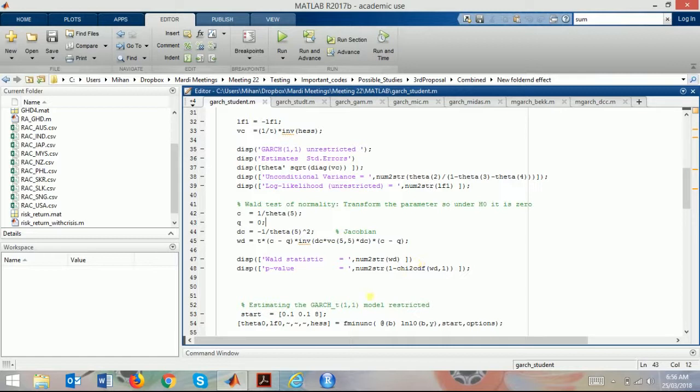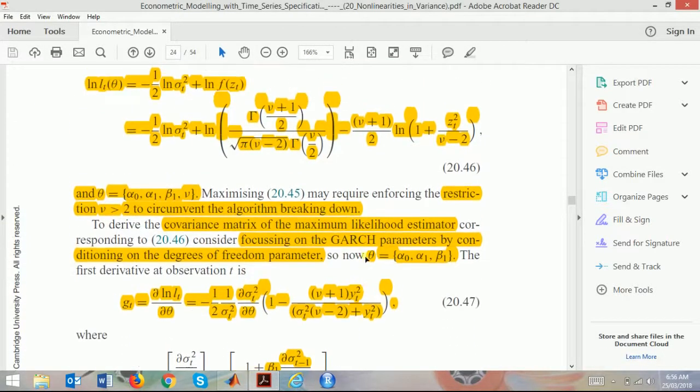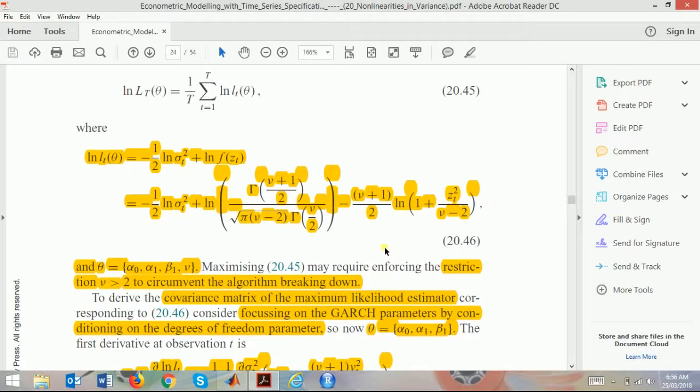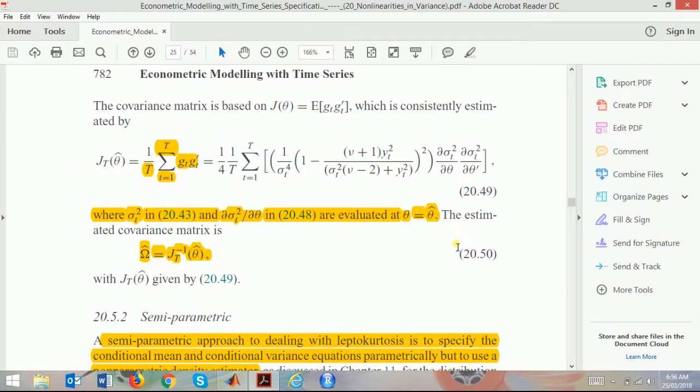And the Wald test is C minus Q, inverse of DC, C minus Q. I got stuck here. I'm not sure why we are squaring tau. Maybe we'll be able to find the answer, not today.